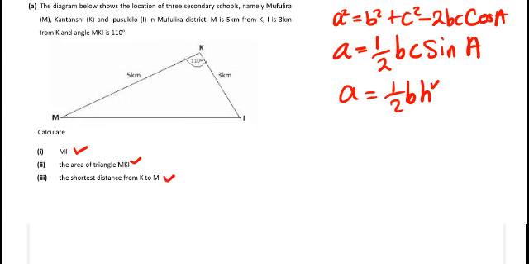Now, one thing that you have to understand is how can you know that you are supposed to use the cosine rule in terms of finding the distance?